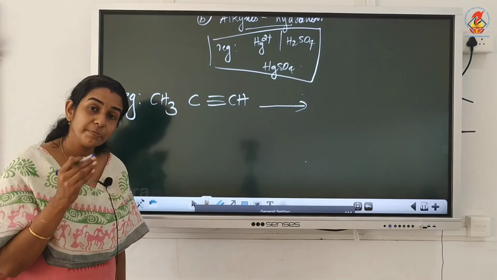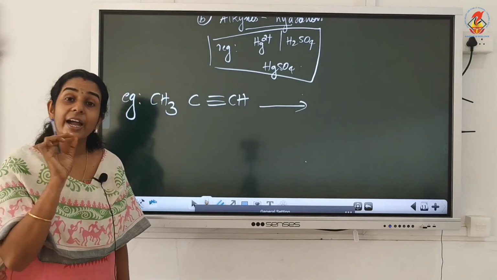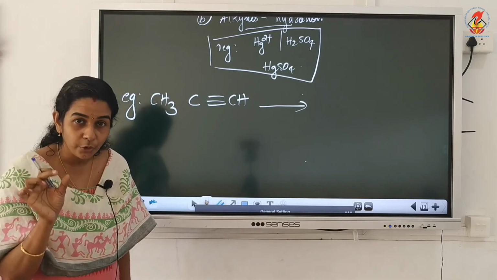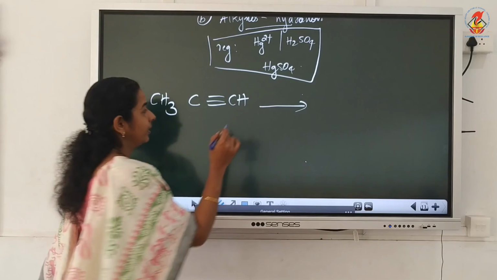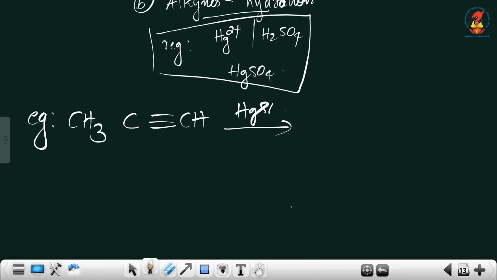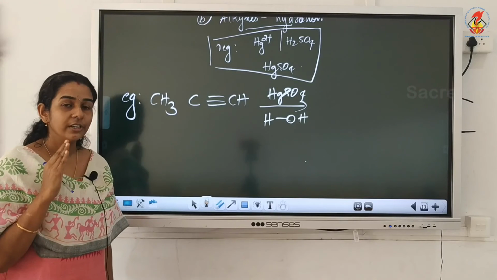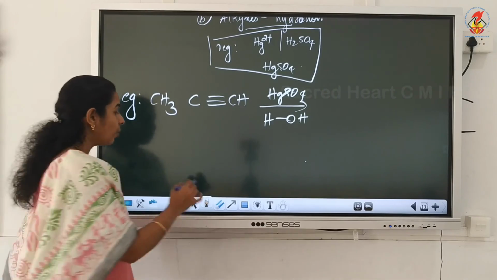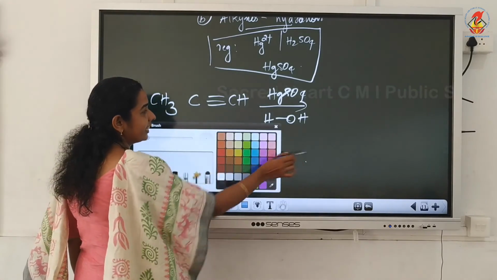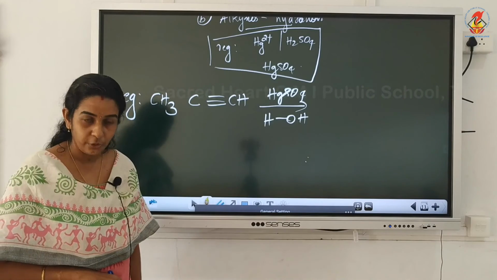So what is the reaction basically happening here? Hydration means addition of water. So we are adding water to the alkyne. The reagent is HgSO4. How are we adding water? Water reactions are always written as HOH, and all the additions usually take place according to Markovnikov's rule.